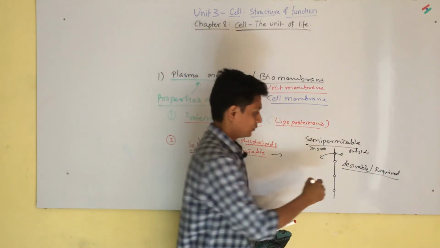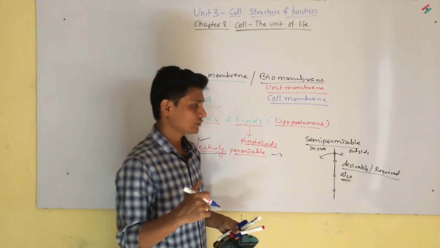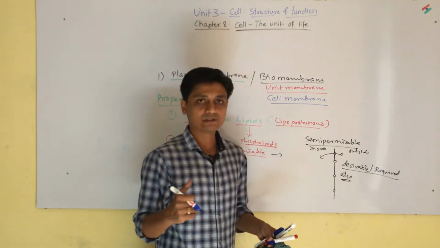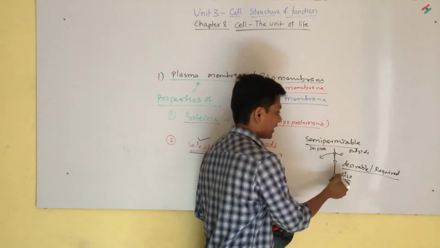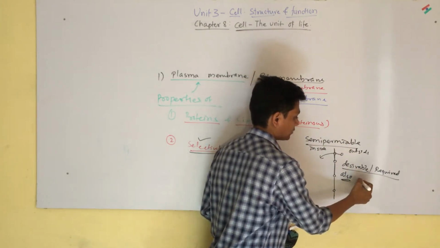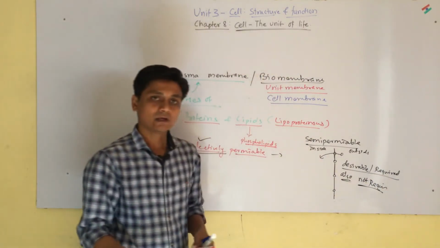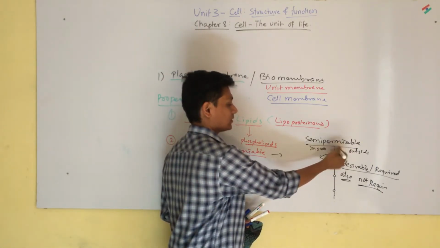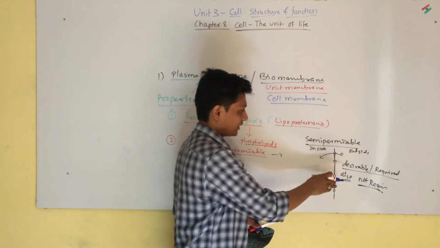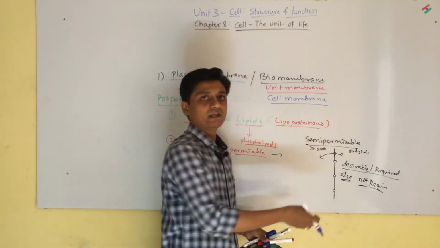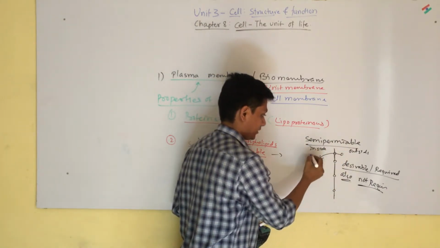Also the particles which the cell doesn't want, the particles not required by the cell, also come inside if they are smaller in size. Means the required material as well as the non required material, if they are less than this aperture size, can enter into the cell.